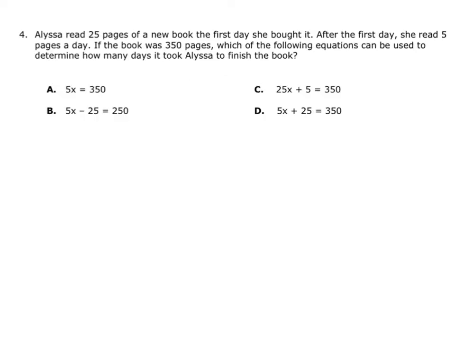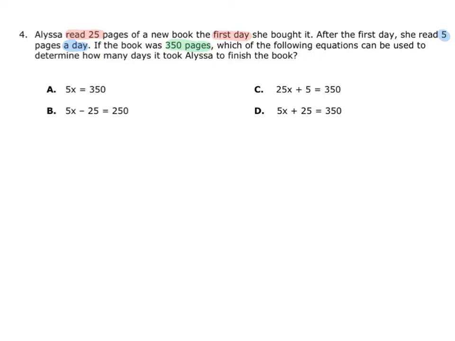Number 4 says Alyssa read 25 pages of a new book the first day she bought it. Okay, so first day is telling me that's a one-time thing. After the first day, she reads 5 pages per day. So that's the multiple times. If the book was 350 pages total, which of the following equations can be used to determine how many days it took Alyssa to finish the book?